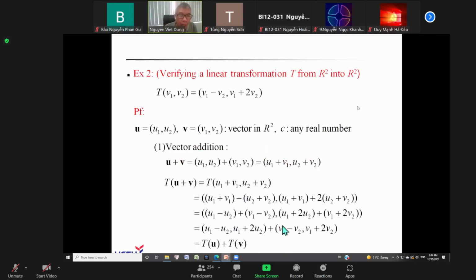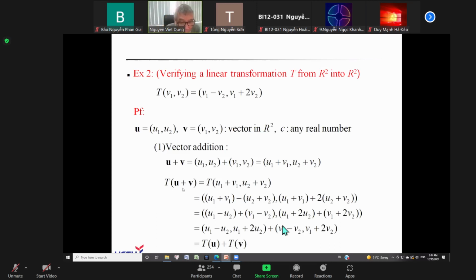The example here asks you to verify the previous example, that a map T from R2 into R2 given by the formula like that is a linear transformation. So how can you do it? You take u with coordinates like that, v with coordinates like that, and then u plus v will have coordinates u1 plus v1, u2 plus v2.